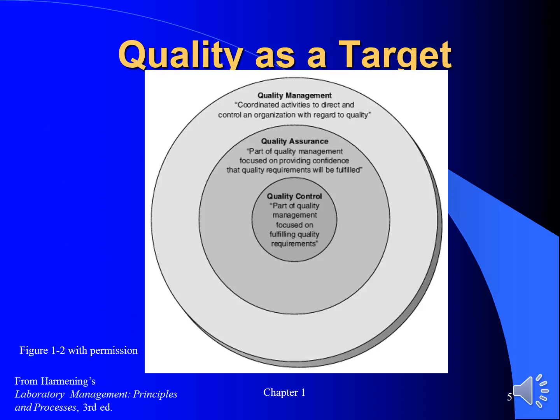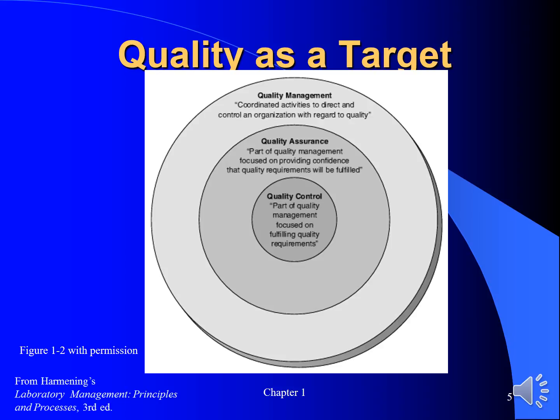It is useful to think of laboratory quality as a target, such as those used for archery or shooting practice. Quality control is the innermost circle of the target because the target for each and every laboratory test is accurate results. QA is the next outer ring of the target.